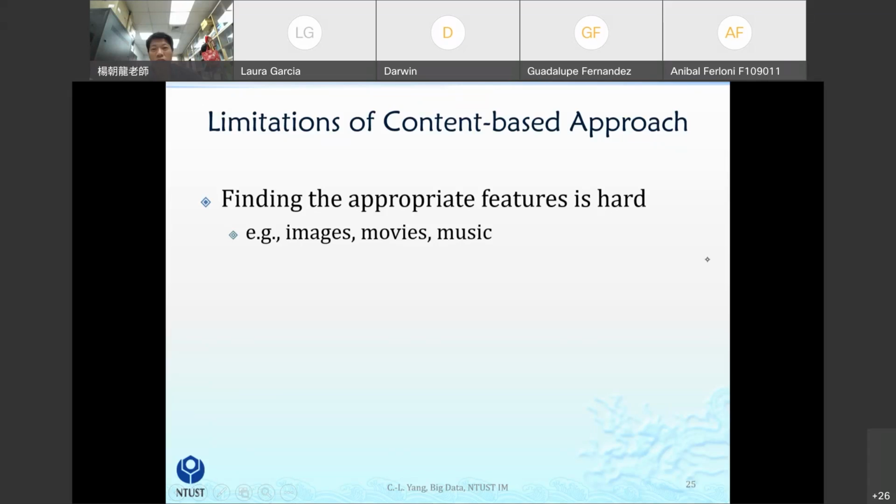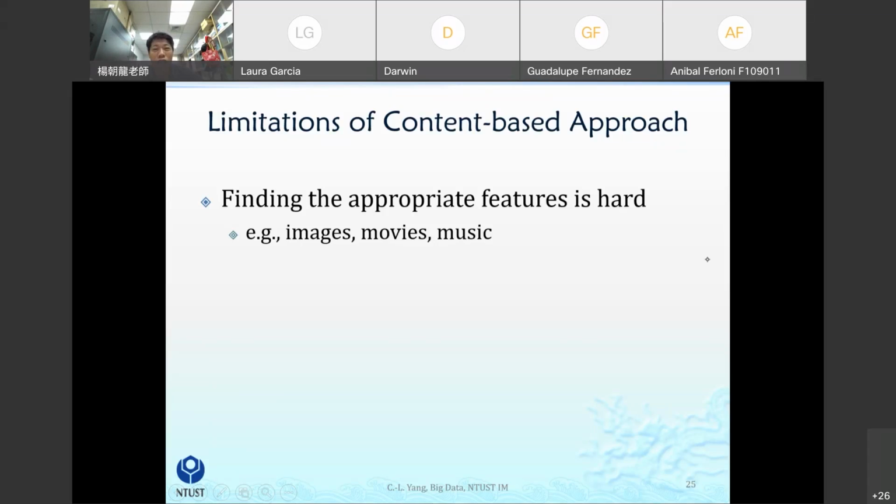For example, if you take a look at music as an example, how do you describe the music? It's tricky, right? Because music usually comes with different songs, different musical items, with different instruments, and how to describe the items is a bit tricky.